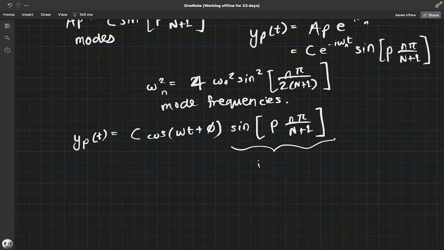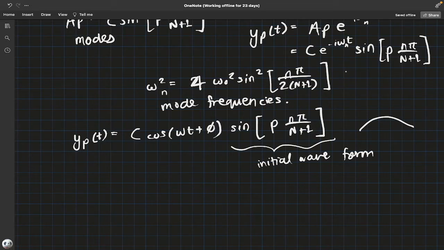So this is what we call the initial waveform, because if you plug in time equals 0, this cosine will just be a cosine phi, which is just a constant. So we just have a c prime, and then this part will remain intact. So this just tells us what the wave looks like before time begins, or before any oscillations can start.